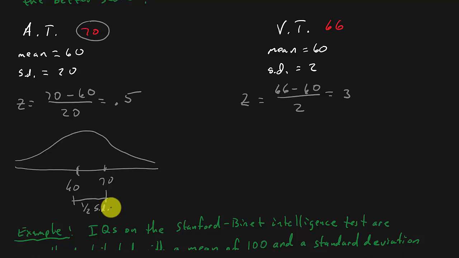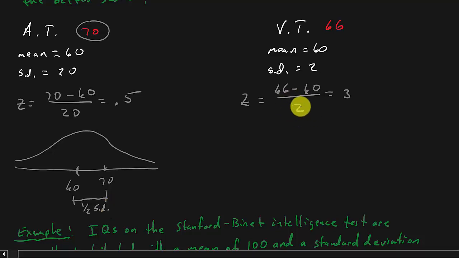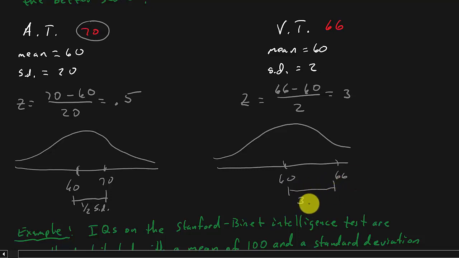All right. So what about this one? Well, the mean is 60, and he scored 66. But this one is 3 standard deviations above the mean. And this one's only half a standard deviation above the mean.